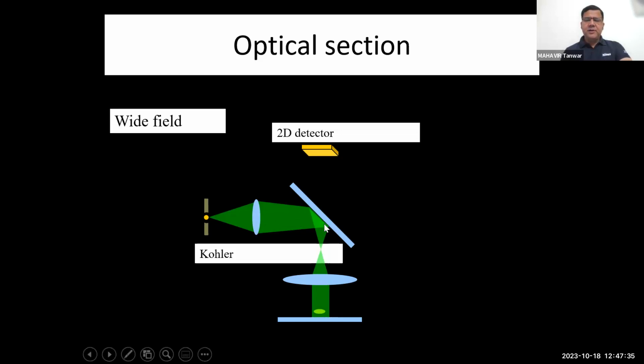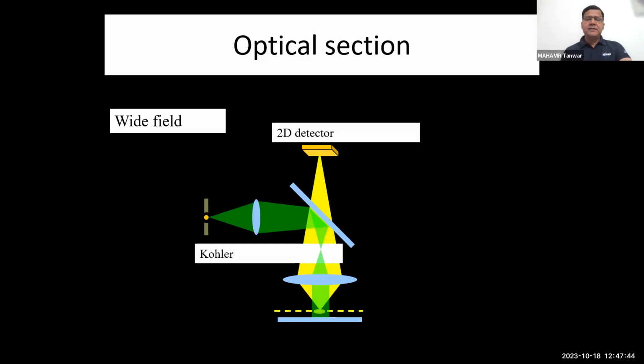It is hitting the dichroic mirror, and through the objective lens it is going to the sample. The emission is coming back to the dichroic mirror and is detected by a 2D detector. A 2D detector means a camera, an sCMOS, a CMOS, or maybe an EMCCD camera. Anything will be able to capture the image of a fluorescence microscope.